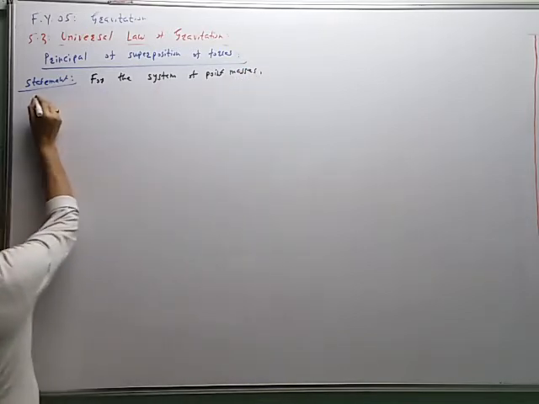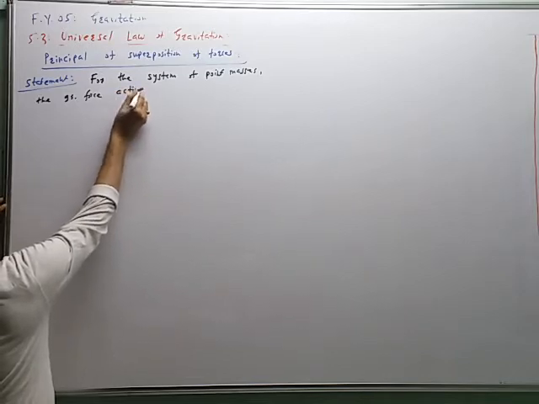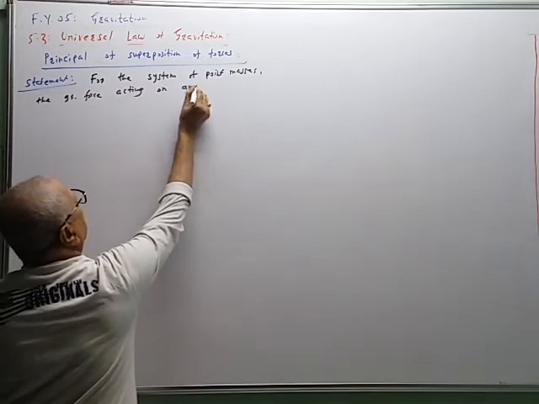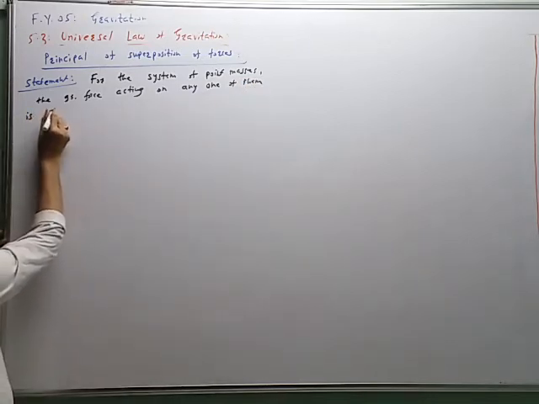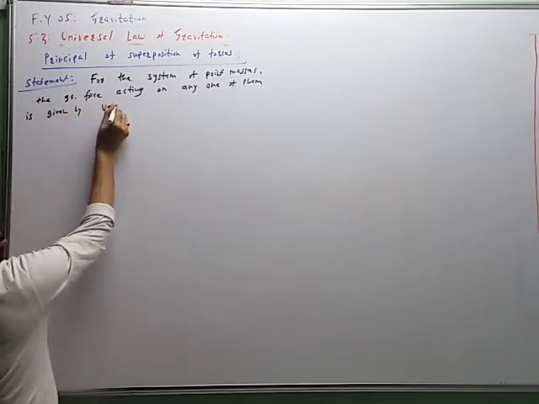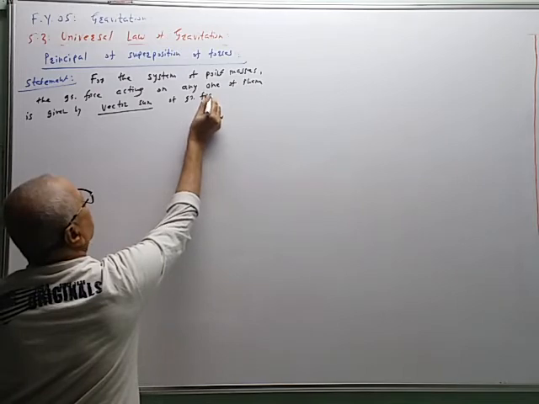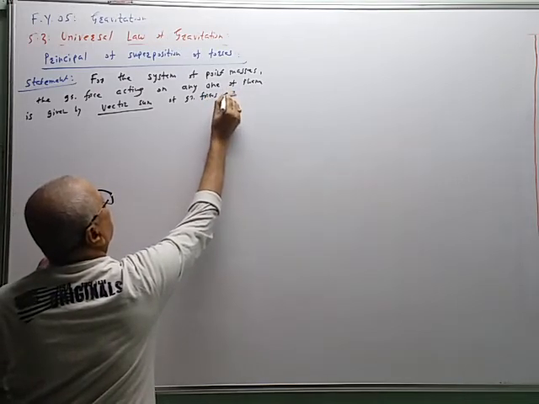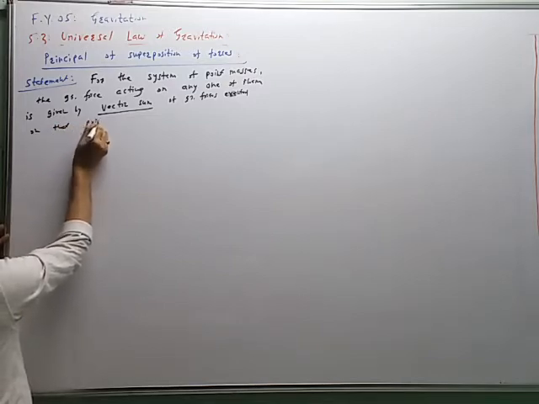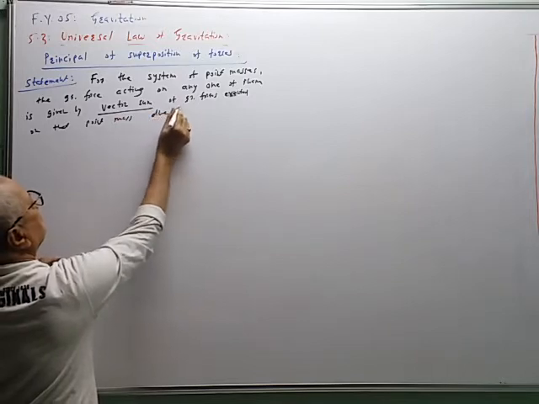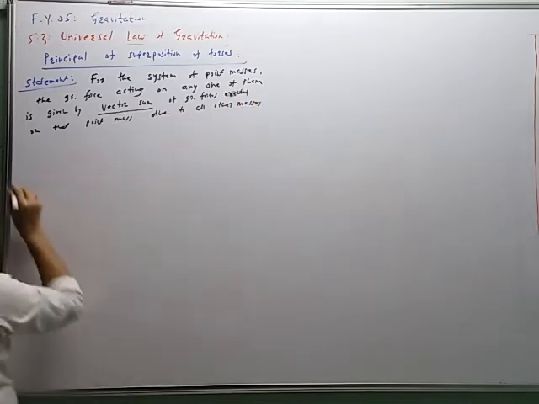For the system of point masses, the gravitational force acting on any one of them is given by the vector sum of the gravitational forces exerted on that point mass due to all other, meaning remaining, masses.